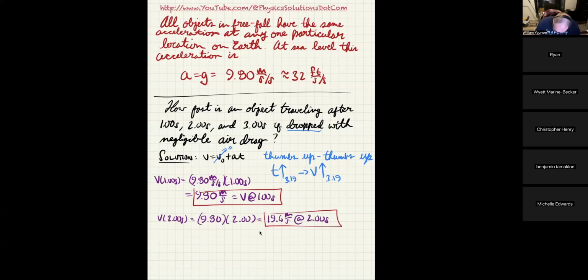So that's supposed to be 3 times 9.8, which is exactly right because the formula says 3 times 9.8. And 3 times 9, of course, is 27. And then 3 times 0.8 is 2.4. So that'd be 29.4. Oops, left off my 2.